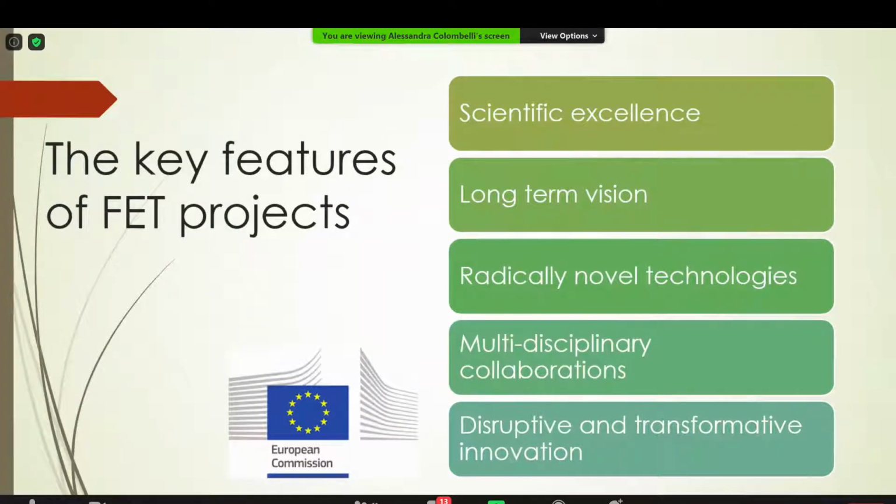And interdisciplinarity is particularly relevant for PhET project.